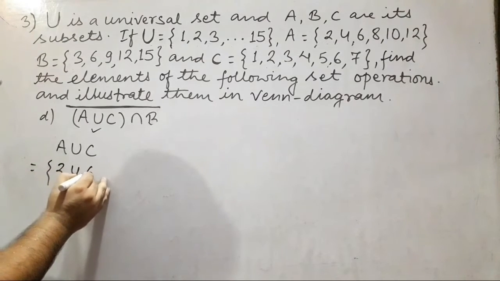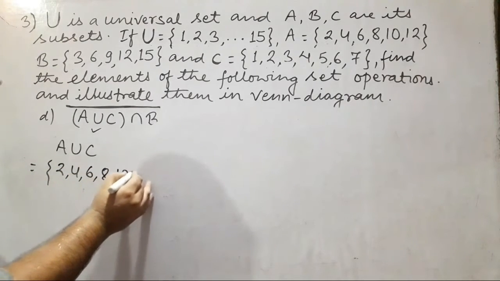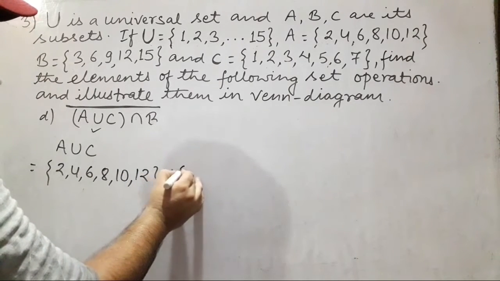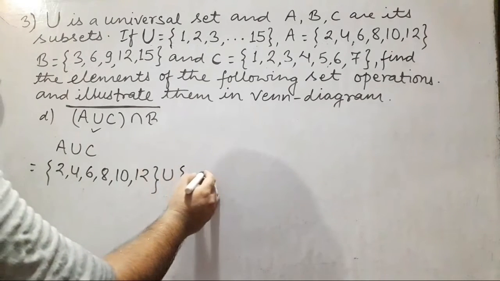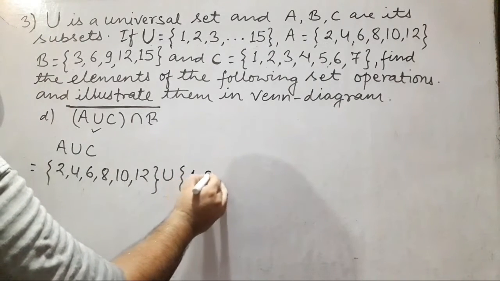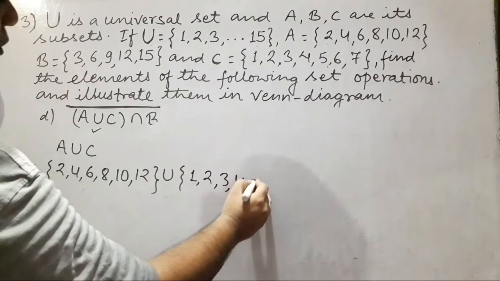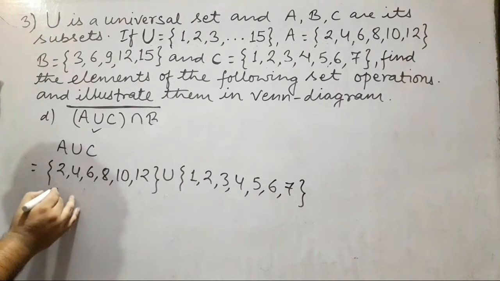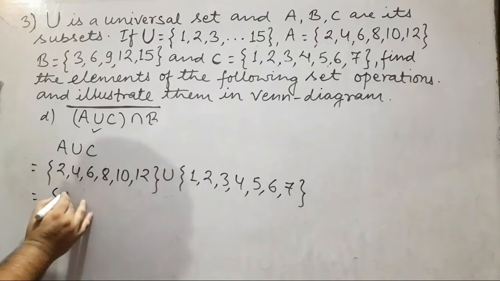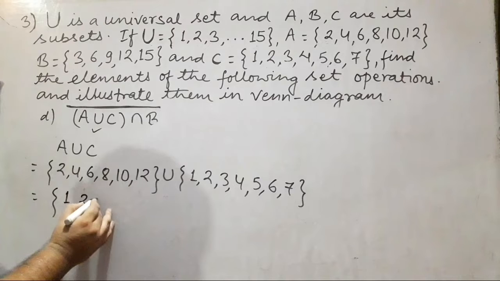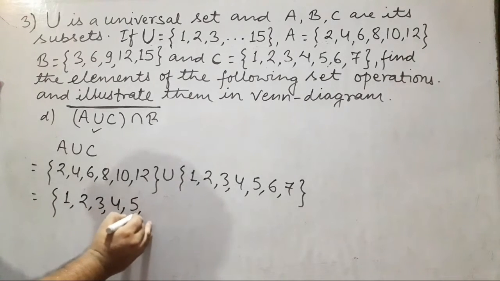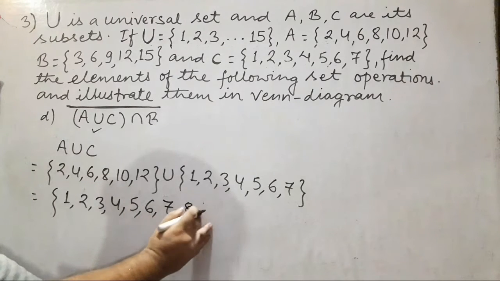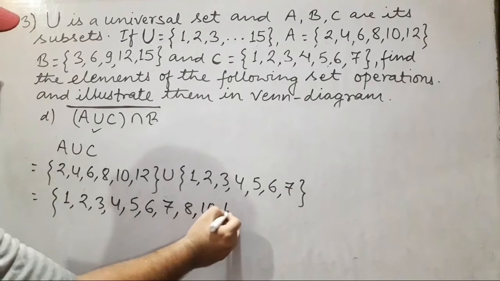2, 4, 6, 8, 10, 12. Union the elements contained in set C: 1, 2, 3, 4, 5, 6, 7. Now for the union of these, we shall write down all the elements: 1, 2, 3, 4, 5, 6, 7, 8, 10, 12.